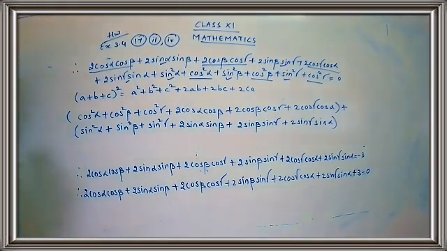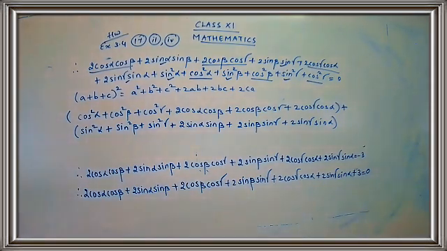So what do you get here? Cos square alpha plus cos square beta plus cos square gamma plus 2 cos alpha cos beta plus 2 cos beta cos gamma plus 2 cos gamma cos alpha plus sine square alpha plus sine square beta plus sine square gamma plus 2 sine alpha sine beta plus 2 sine beta sine gamma plus 2 sine gamma sine alpha, and this is equal to 0.